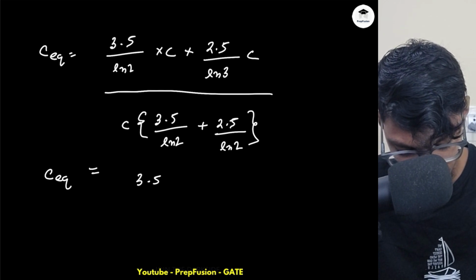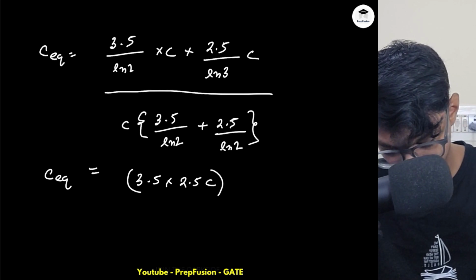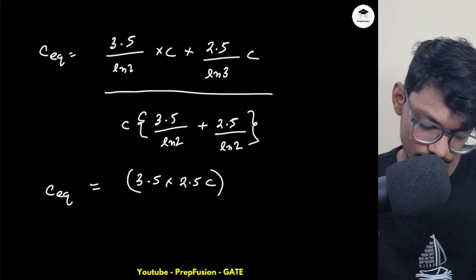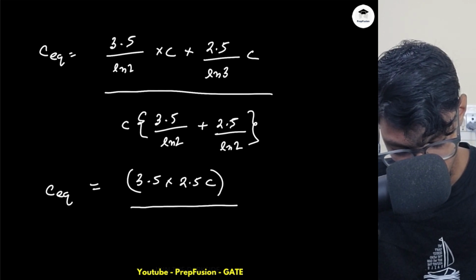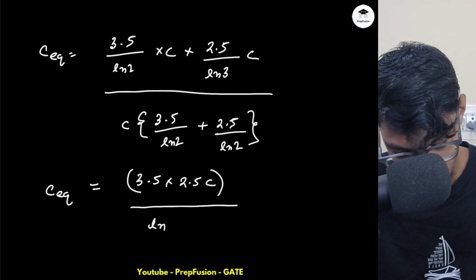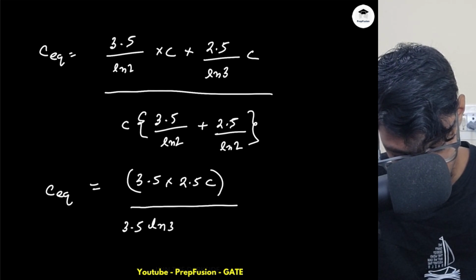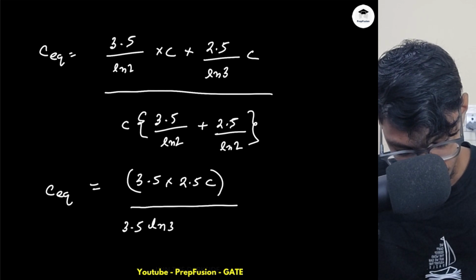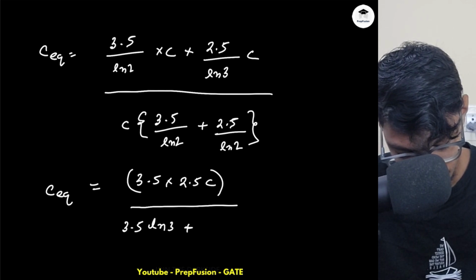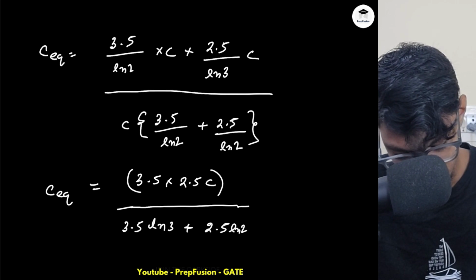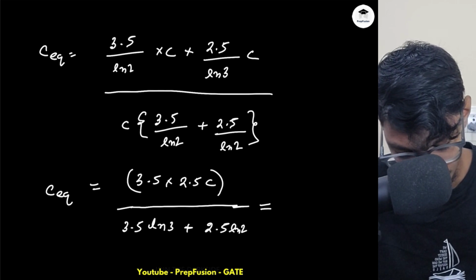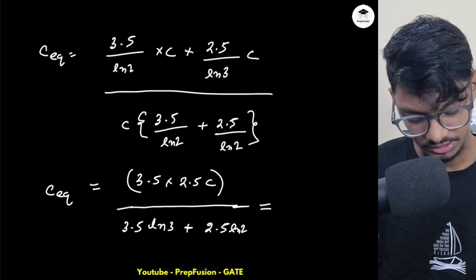So 3.5 into 2.5 into C divided by 3.5 ln 3, both ln 2 and ln 3 will get multiplied, plus 2.5 ln 2. Very weird expression, but still an expression nonetheless. Yeah, this is what we will get.